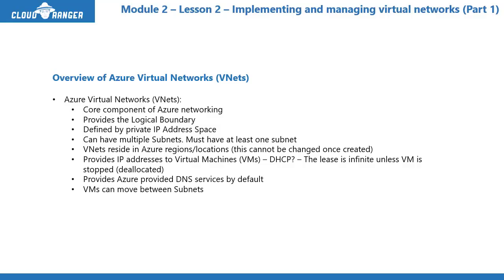So the VNet provides an Azure-provided DNS service by default. Like I mentioned in my previous lesson, you don't need a DNS server within the virtual network. One will be provided to you for doing local resolution, like one server looking up another server, or even the servers themselves trying to go to the internet.